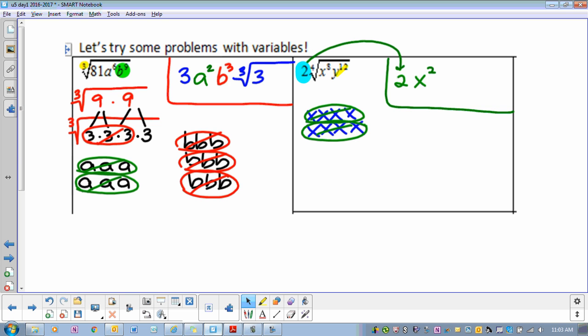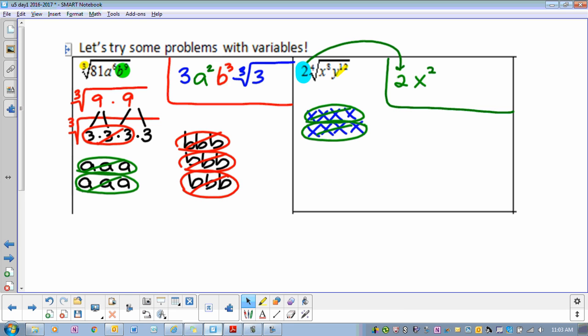Now look at your y's. How many y's do you have? 12. How many do you need in a group? 4. Do you guys see what I'm doing here? You're taking that number and you're making groups of 4, but you're just dividing. What is 12 divided by 4? 3.